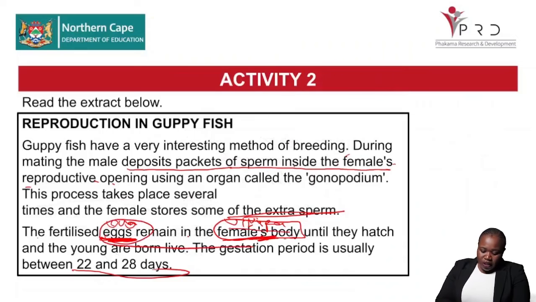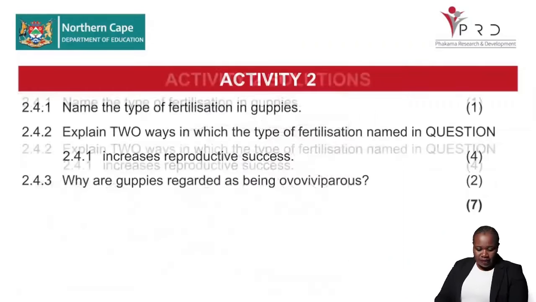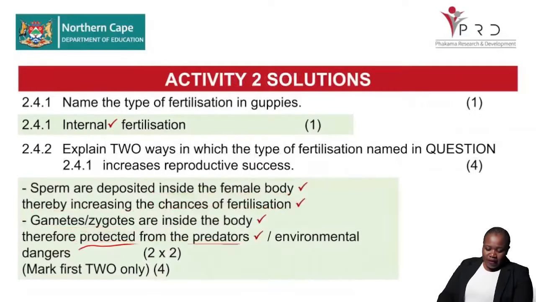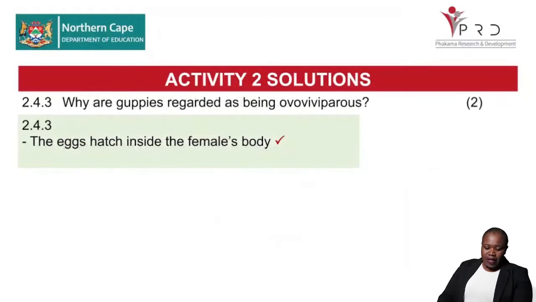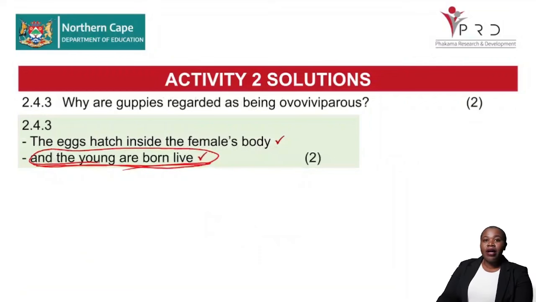So this is a combination of ovipary, eggs, and vivipary. So that is why we say these are regarded as ovoviviparous. The fertilized egg hatches inside the mother's body, and then the young are born alive. This is also very important. Make sure that you mention that the young are born live.